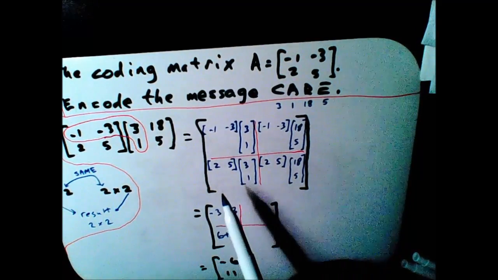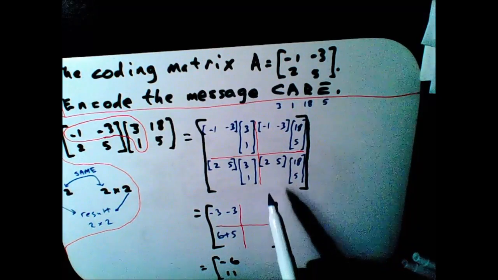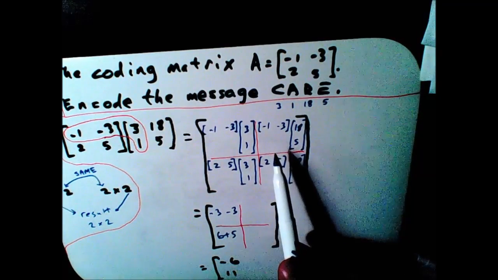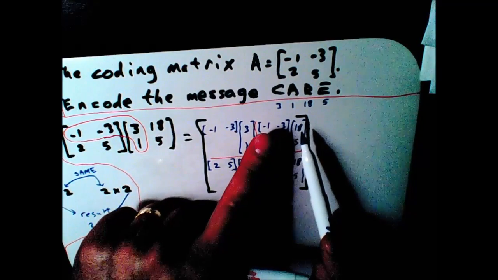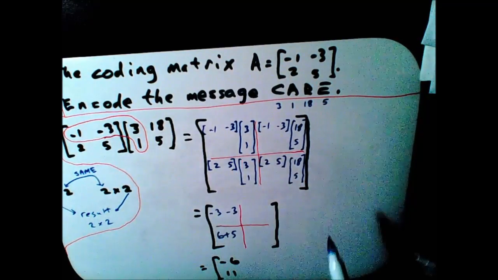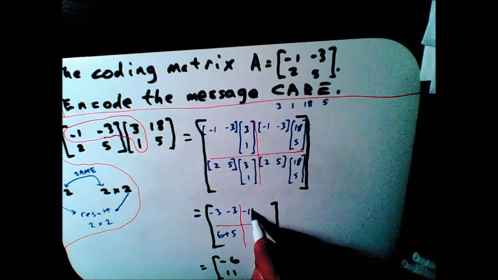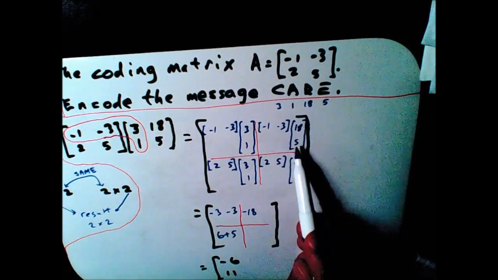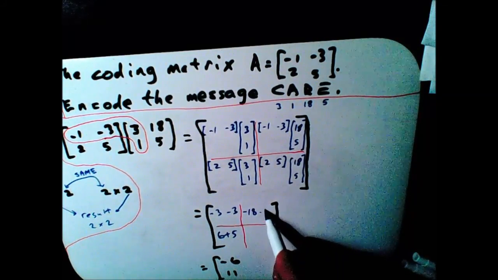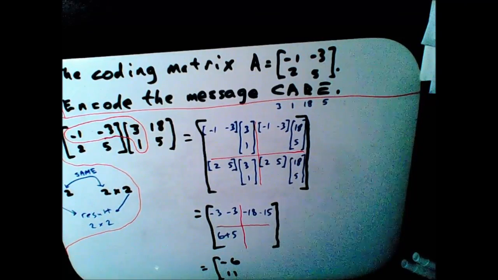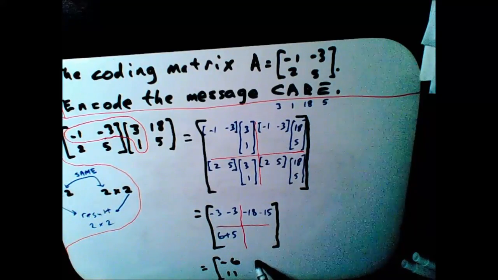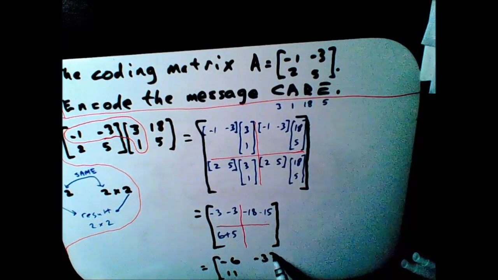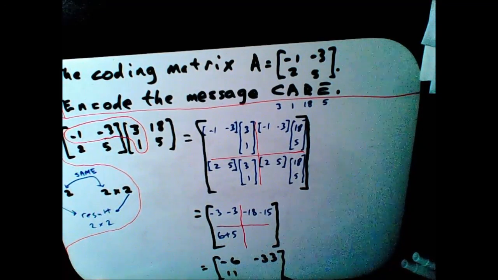In row 1, column 2, we're going to have -1 times 18, so -18, and a -3 times a 5, which is a -15. Add those together and you have -33 in row 1, column 2 of the answer.